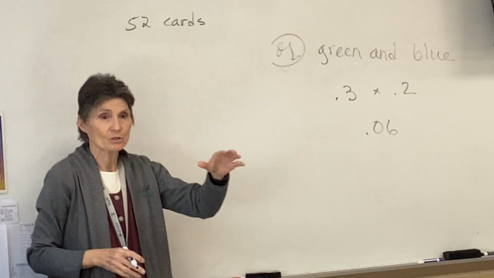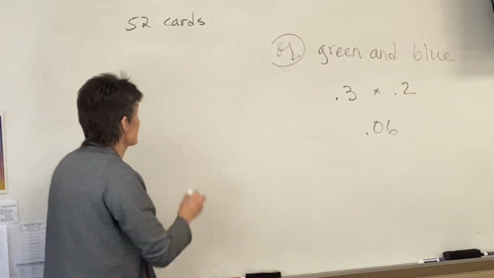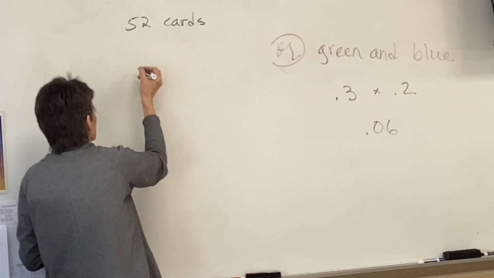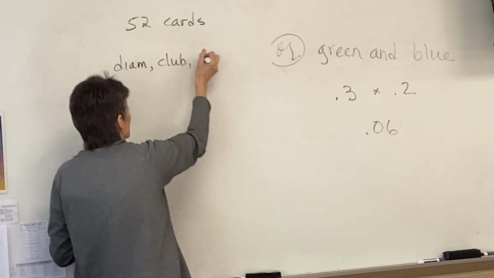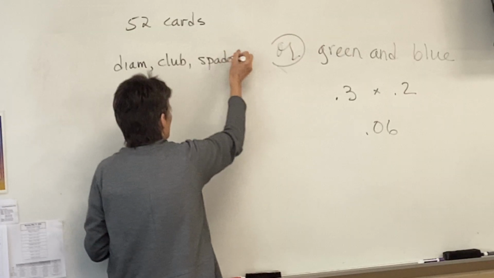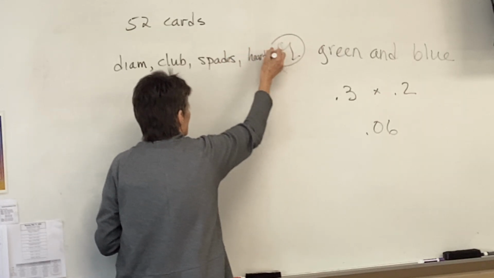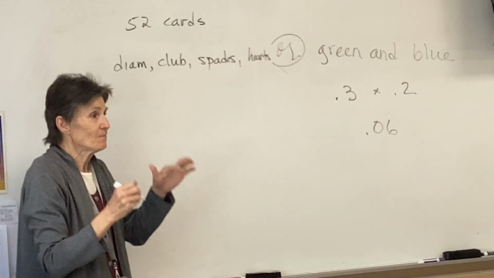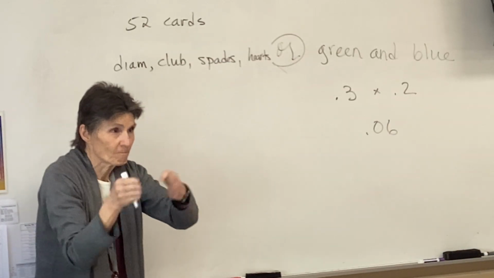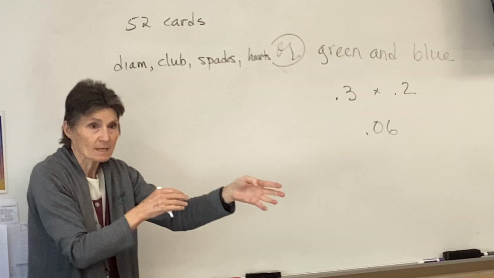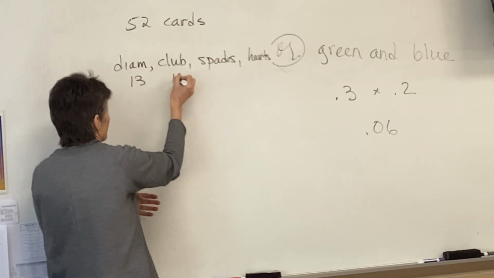It's split up into 4 suits. And the suits are diamonds, clubs, spades, and hearts, right? And if there's 52 altogether, and you're splitting it up into 4 kinds, then there's 13 of each.